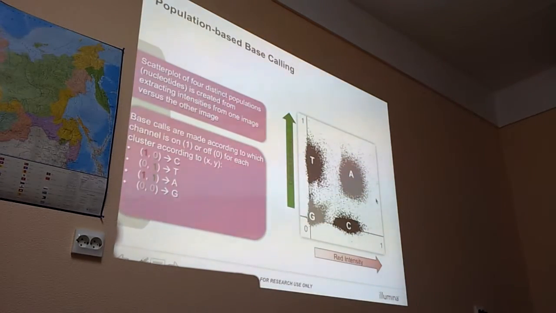So this is how it works. We cluster the signals, and then if it's within this call zone, it can be identified. If it's somewhere here in the middle, it will be rejected. So it will be a no call. So these are the call zones.